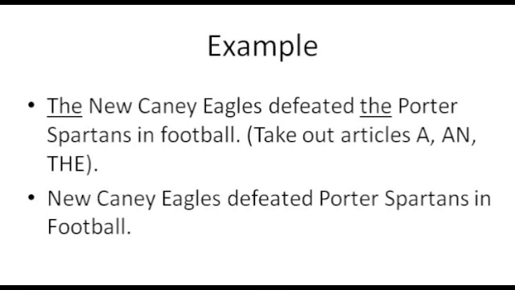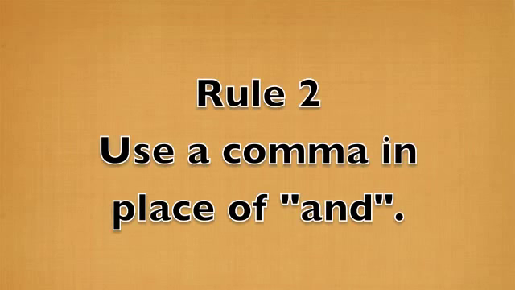You've written a sentence summarizing what the article was about. And you take out the articles. There are no a or the. So this is how it should read. New Caney Eagles defeated Porter Spartans in football. You take out the a, an, and the articles. Everybody understand it? Raise your hand if you understand. I haven't gotten to the other rules yet.